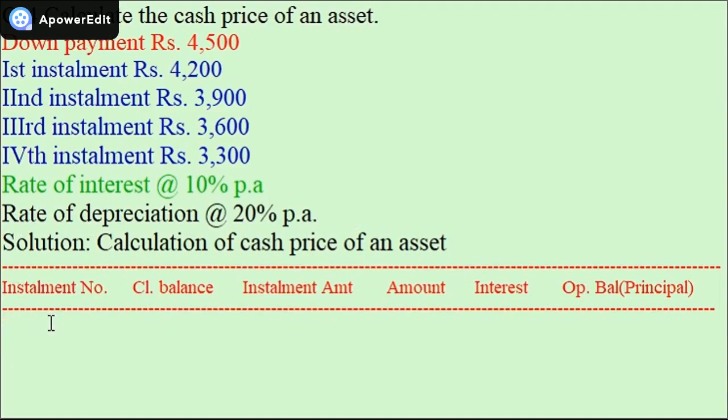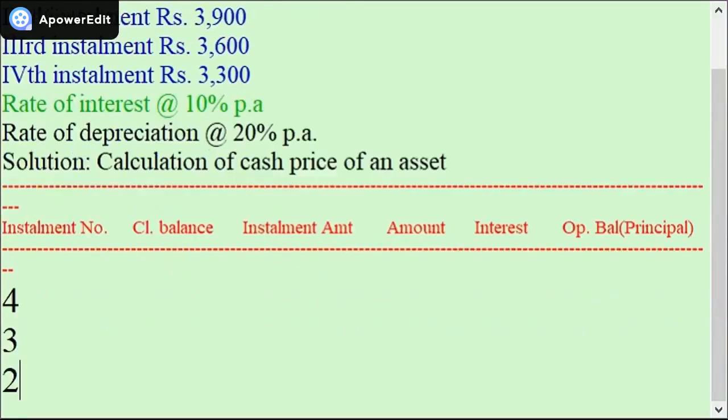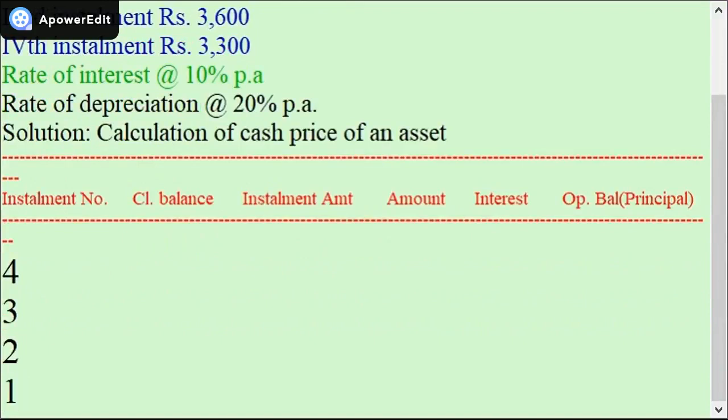So you have 4 installments. So write installment 4, 3, 2 and 1. These are the 4 installments which have to be paid. Let's start with the fourth installment. When the purchaser makes the payment of the fourth installment, which is the last installment in this case, there will not be any closing balance.